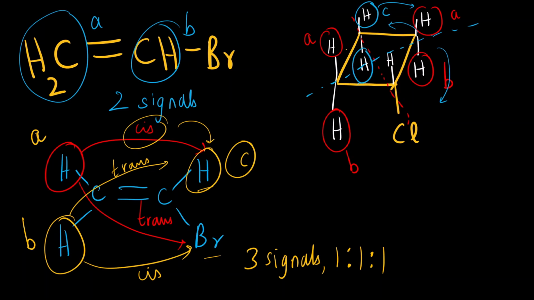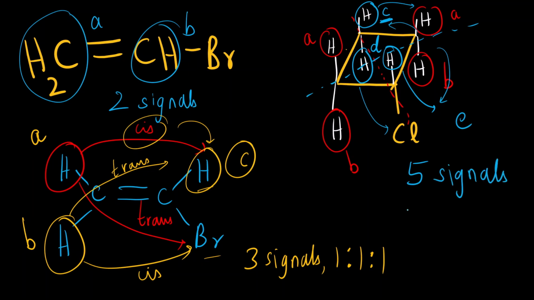Below the plane there is Cl, but for this one there is no Cl above the plane. So this will also give another signal D, and this hydrogen at the top is completely different, so this will give another signal E. So in total there will be 5 signals and not 4.